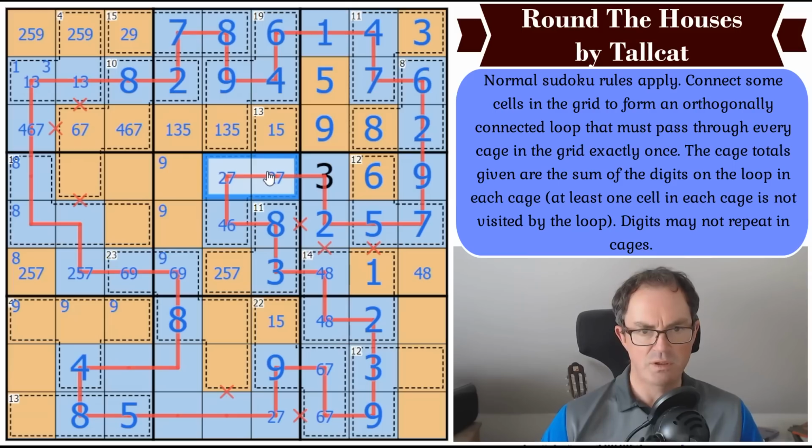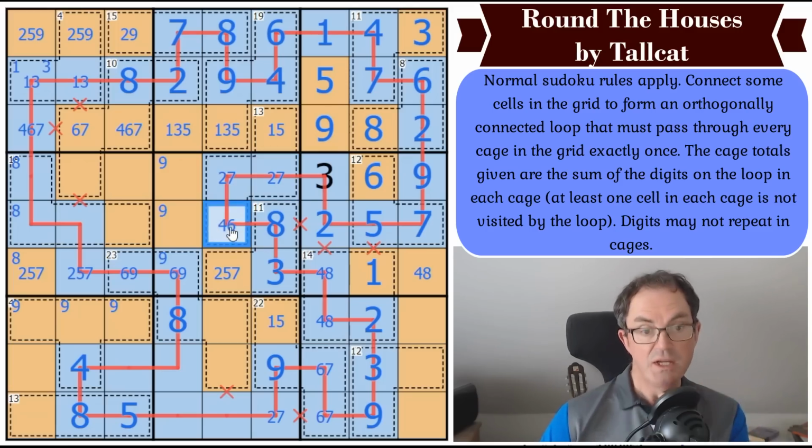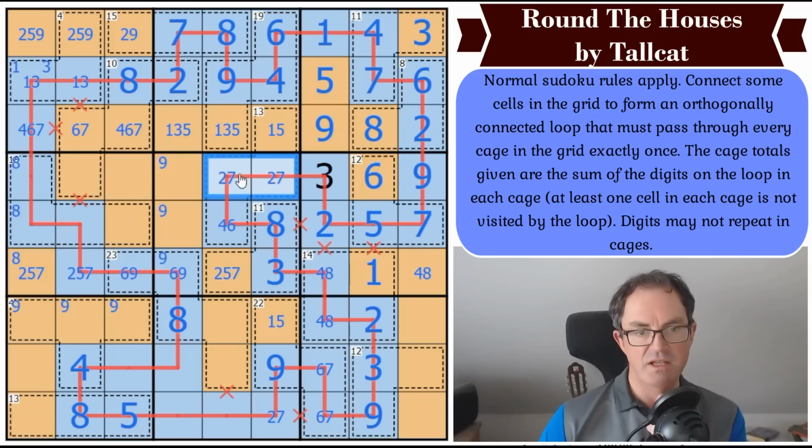Why doesn't that work? Not sure. Which probably means it's right. And if this is 6, then I need these to add up to 7. They'd have to be 2, 5. So there's always a 2 in here.